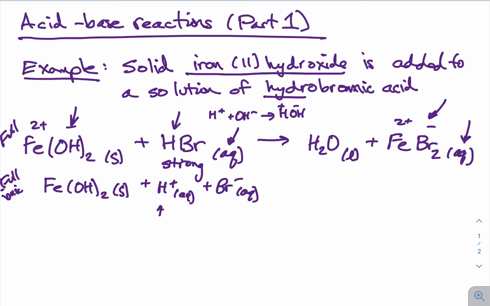The cutesy way I remember it when I forget is that the strong are willing to go out on their own. The weak always stay together. That's kind of silly and not really the most chemically accurate, but if that helps you, great. All right, so that's going to make H2O liquid, and then we've got a soluble ionic compound over here.